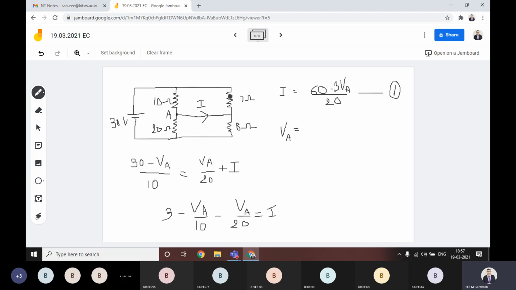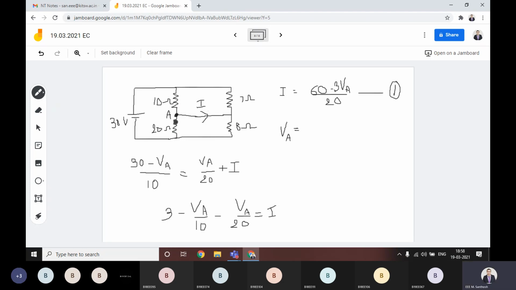Then 10 and 7, are they parallel or series? This combination is parallel, obviously. That means if you want to find the value here at this juncture VA, first you need to find the value of this parallel combination and this parallel combination.